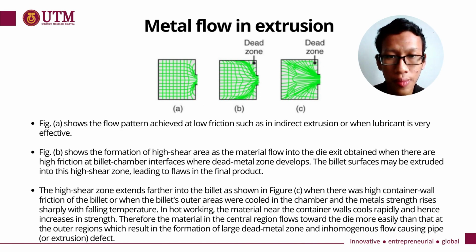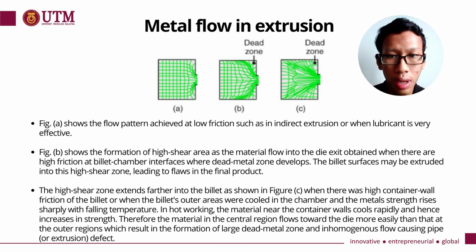Figure A shows the flow pattern achieved at low friction, which can be seen in indirect extrusion or when the lubricant is effective. Figure B shows the pattern where we can see the formation of a high shear area as the material flows into the die exit.